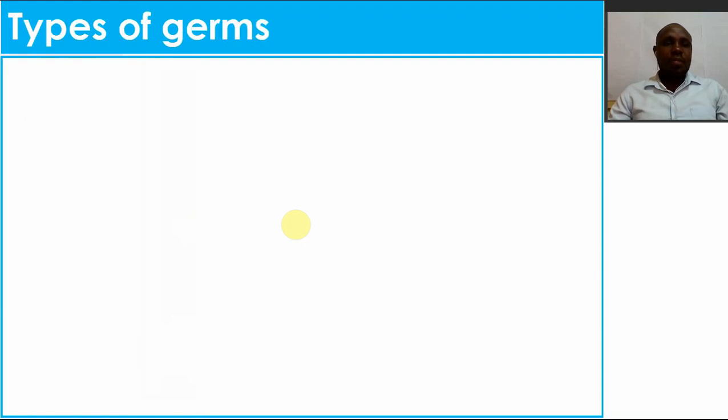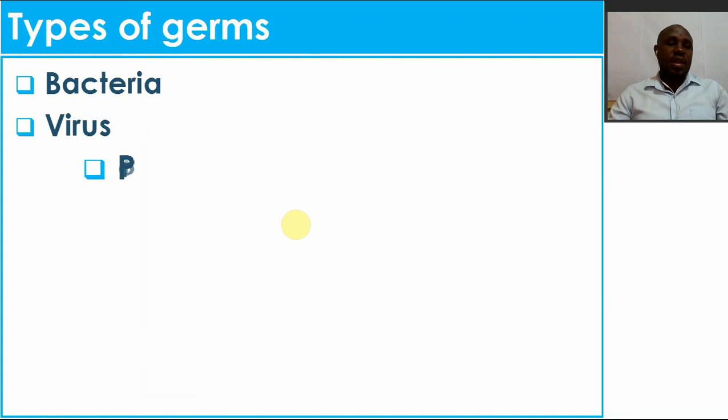Let's look at the types of germs. They have mainly four types. The first one is called bacteria. The second is called virus. The third is called protozoa.